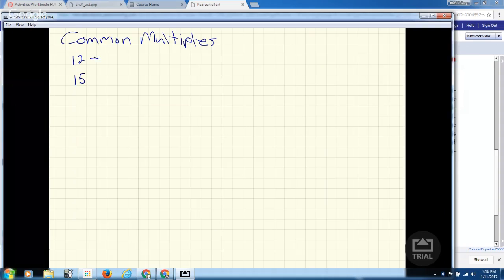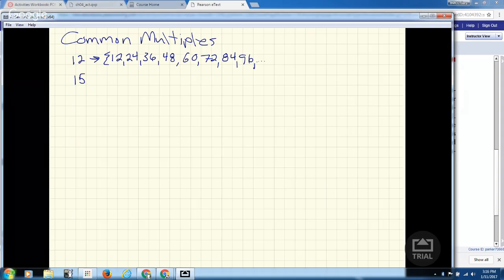And multiples of 12, starting at 12, they would be like 12, and 24, and 36, 48, what comes next? 60, and then 72, and then 84, 96, and they just keep on going, all the way down the line.